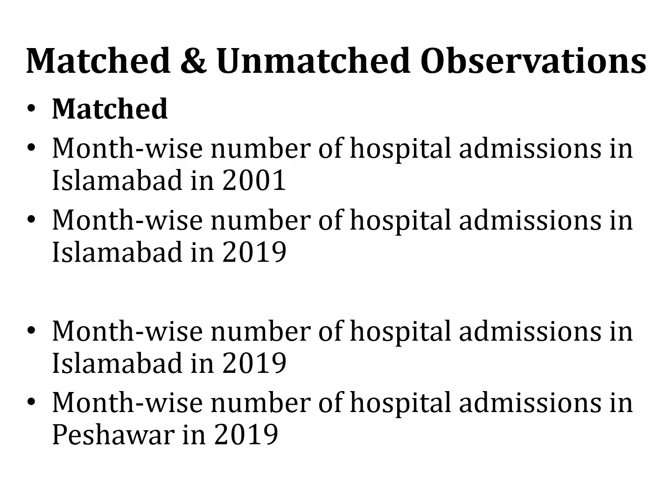In the second example, the same variable, the number of hospital admissions, is being measured, but from two different sets of units, months in Islamabad and the month-wise distribution from Peshawar. So these are the unmatched observations.